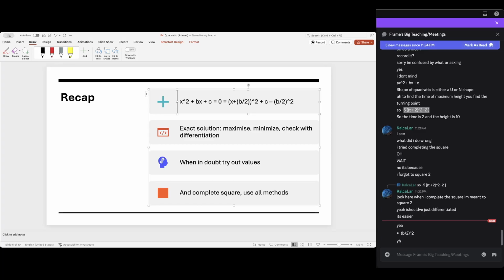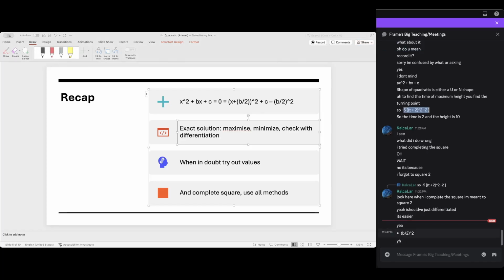This is the general form. In the exact solution, you maximize or minimize. You check with differentiation. It's easier than completing the square. So you can look at how things are going, and when in doubt, you just try out the values.